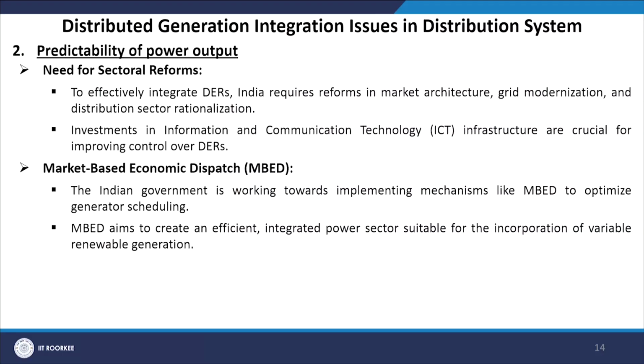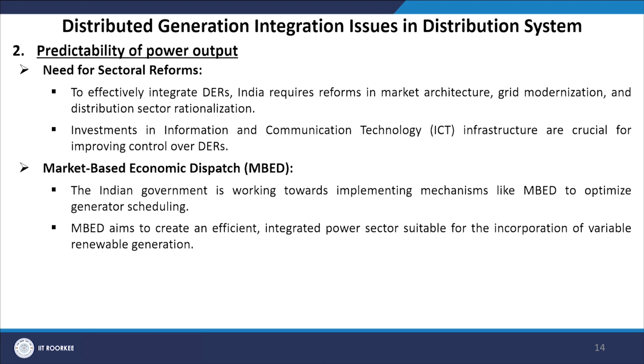To effectively integrate distributed energy resources, India requires reform in market architecture, grid modernization, and distribution sector rationalization. Investment in information and communication technology (ICT) infrastructure is crucial for improving control over distributed energy resources.